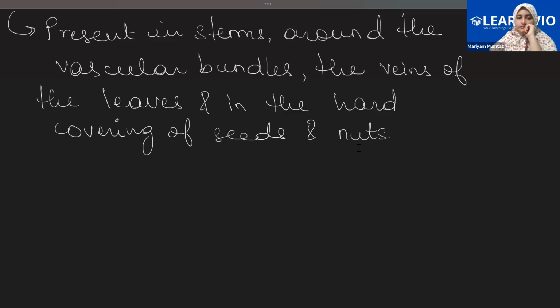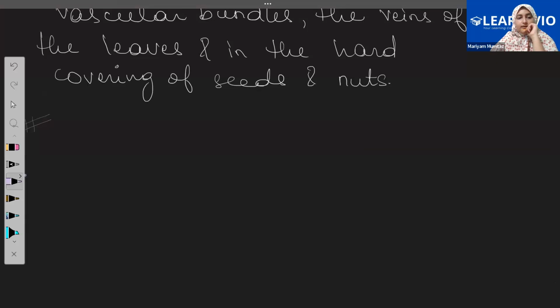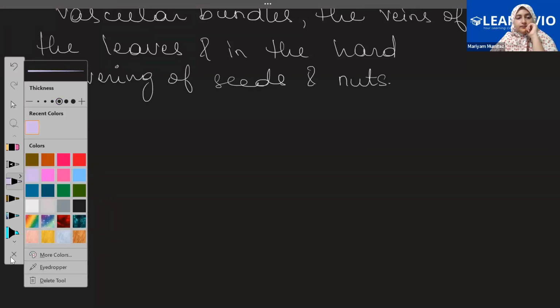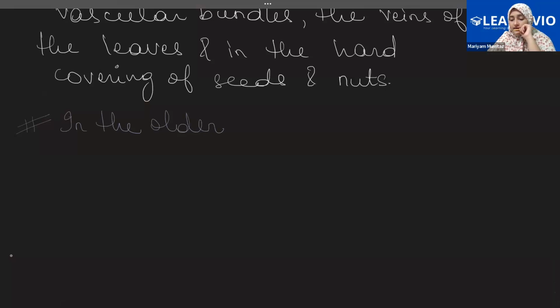All right, now there are some points that I'd like people to understand. In the older plants, the outer protective layer is known as the epidermis.